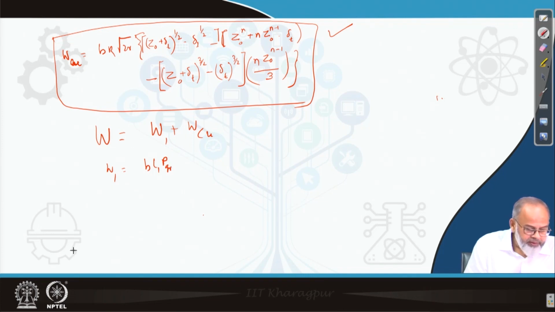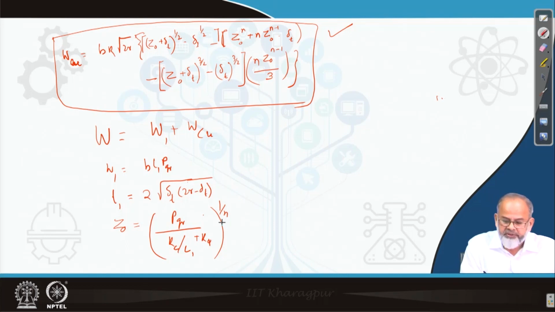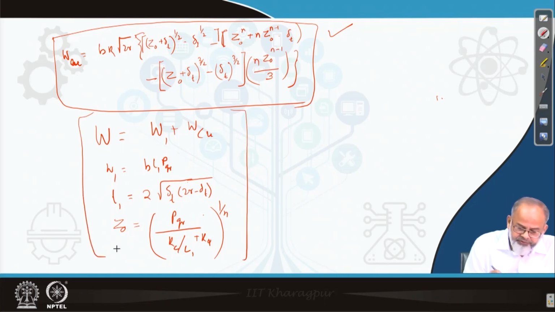Now we have the expression for L1, that is twice square root of delta t twice r minus delta t. We have the expression for z0, which is nothing but pgr by kc by L1 plus kphi, raised to the power 1 upon n. So this is a series of equations available.